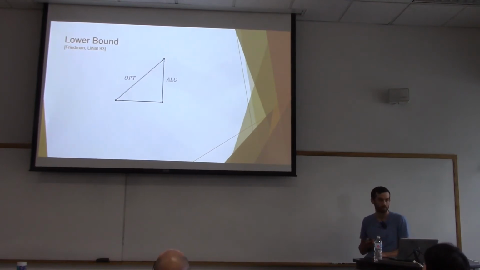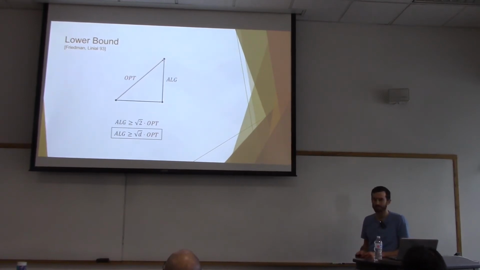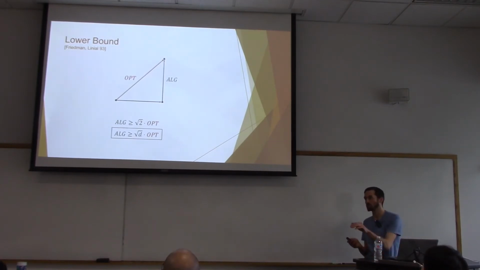The optimum played the hypotenuse, so the algorithm is paying square root 2 times the optimal. And in general, you end up paying square root d times the optimal. And this gives a lower bound of square root d on the competitive ratio of any algorithm. So square root d is the target, and this lower bound has really not been improved ever since then. So square root d remains the target for this problem.